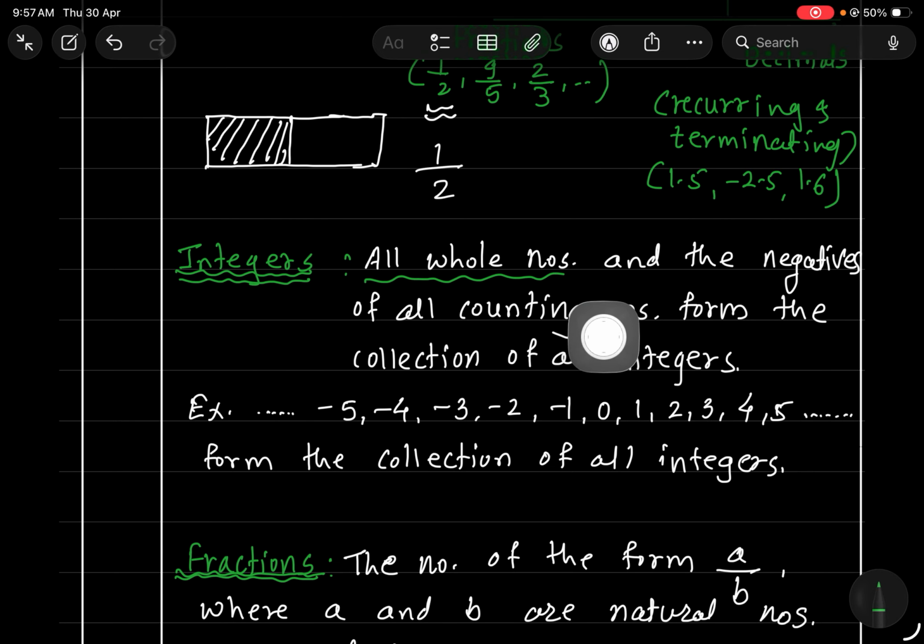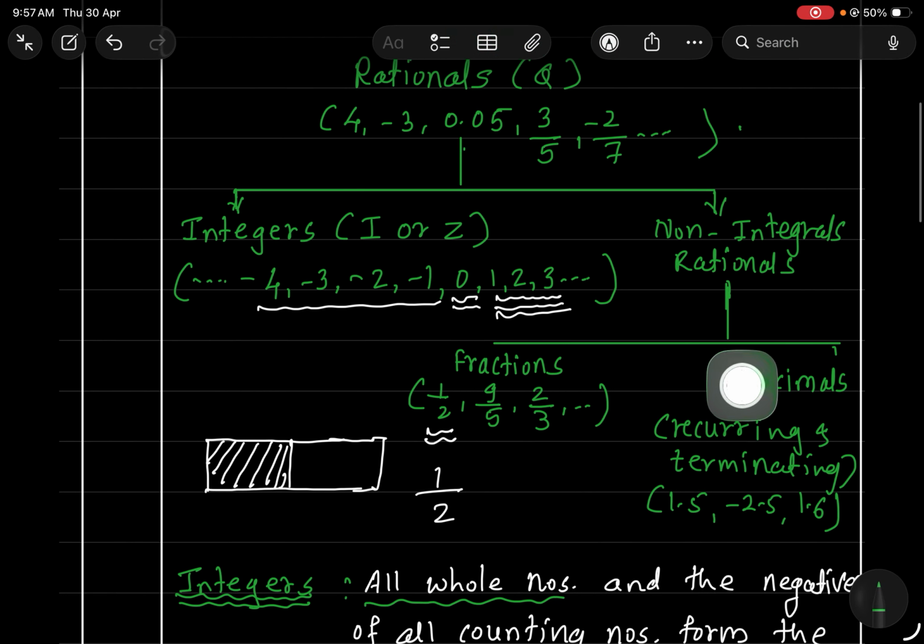I told you negative numbers, 0 and positive numbers make an integer. Again I have written here: all whole numbers and negatives of counting numbers. The negatives here are the negative numbers, minus 4, minus 3, minus 2, and before that, and so on.